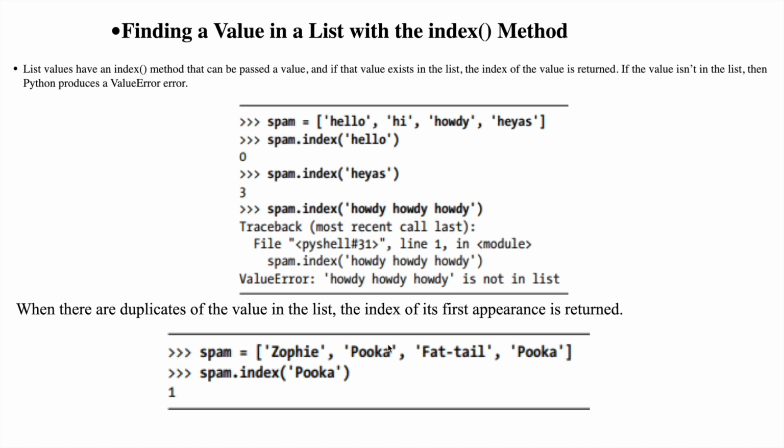It will take the first Puka value, that is, index 1 will be printed. One more Puka value is present at index 3, but the index 3 value is not printed because that is the second appearance. Index 1 is the first appearance, so it will take the value 1.